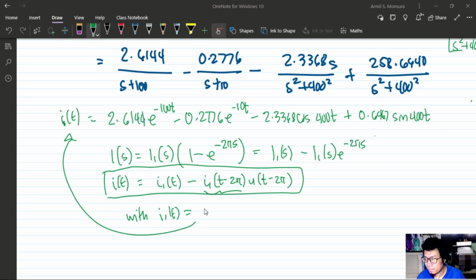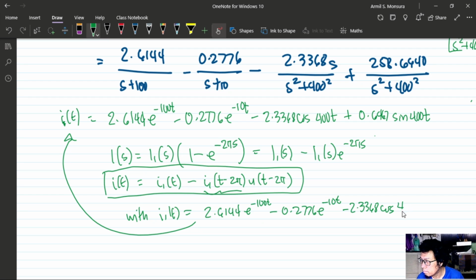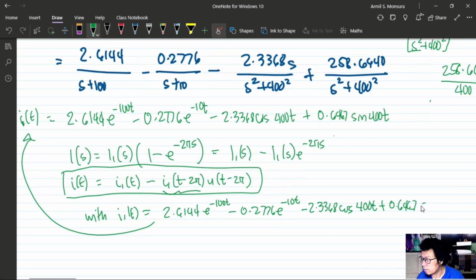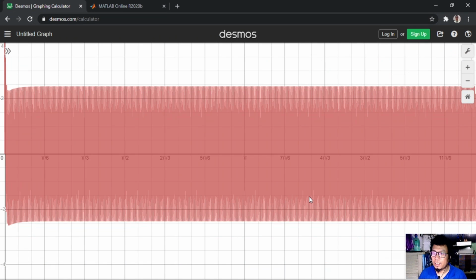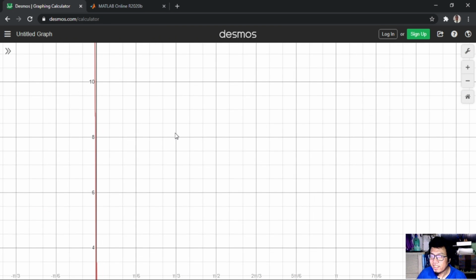Basically, we will have 2.6144 e raised to negative 100t minus 0.2776 e raised to negative 10t minus 2.3368 cosine 400t plus 0.6467 sine 400t. That's your I1 of t. This is its graph. As you can see, it would start with a very high spike, very high.